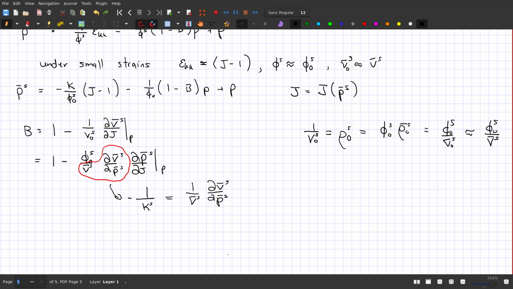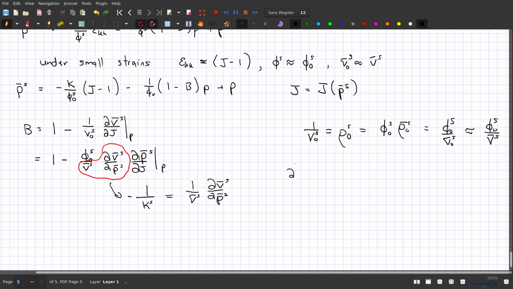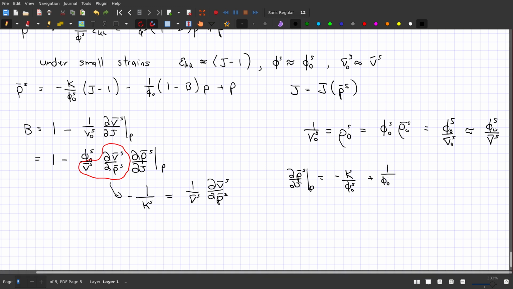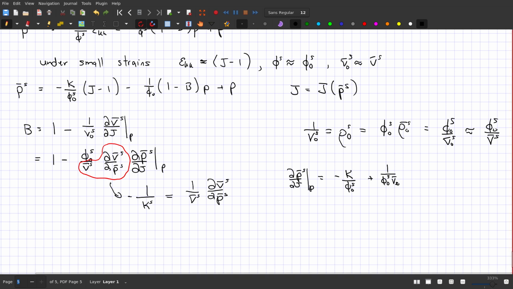So what we have now is partial P bar of S partial J is equal to minus K phi 0 of S. And we're holding P constant, so the pressure terms drop out. But another way to look at it, even if they didn't, would be that you have something like this.